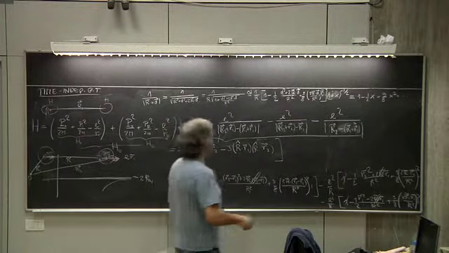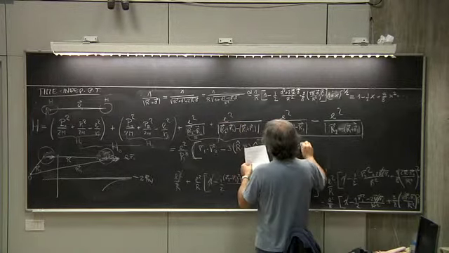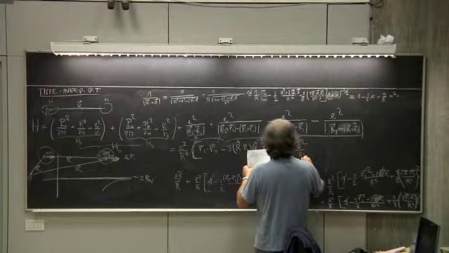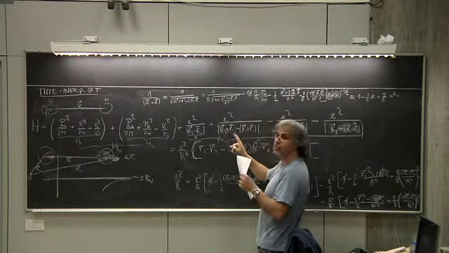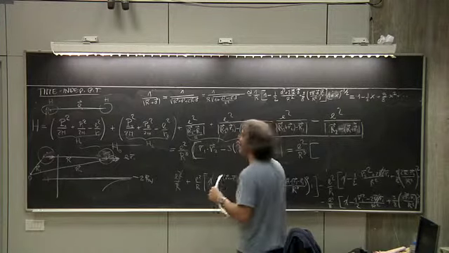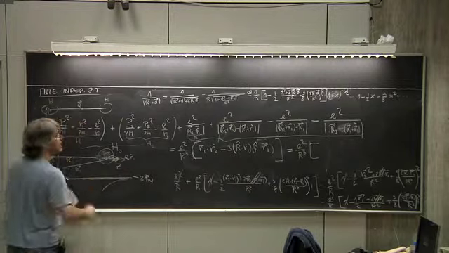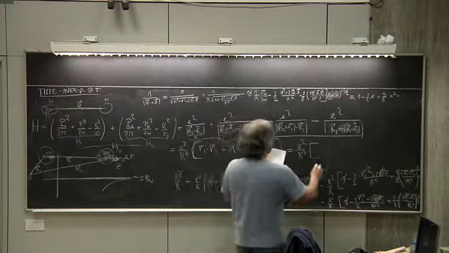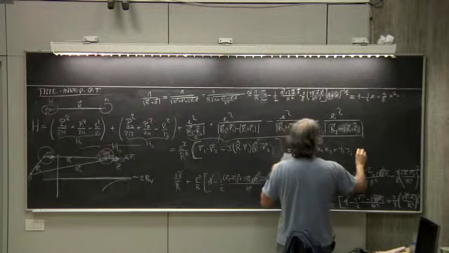Okay. In any case, this is the contribution, and now you can write this as, if you want, also in terms of x1, x2, y1, y2, z1, z2. So suppose that r is in the direction z, then you immediately see that this is x1 x2 plus y1 y2.